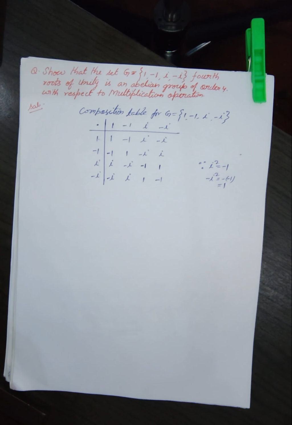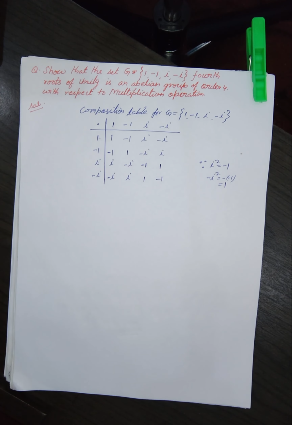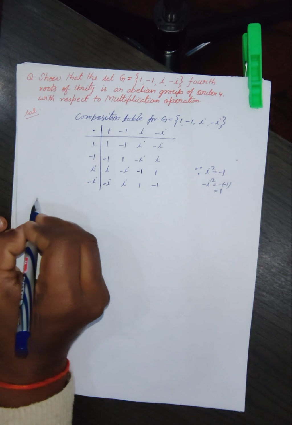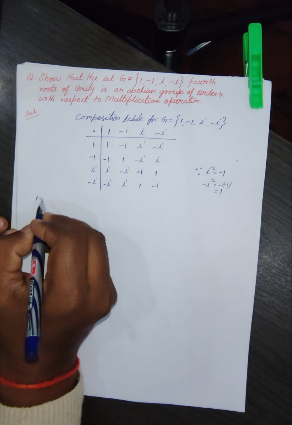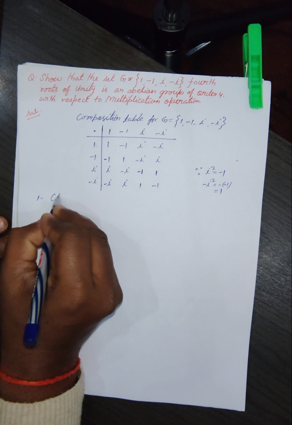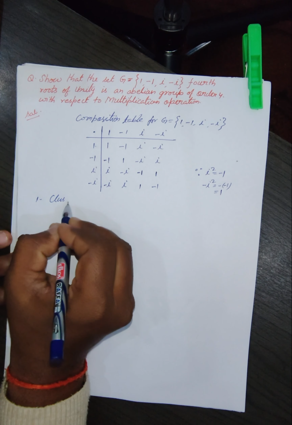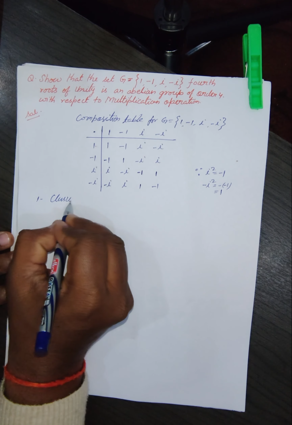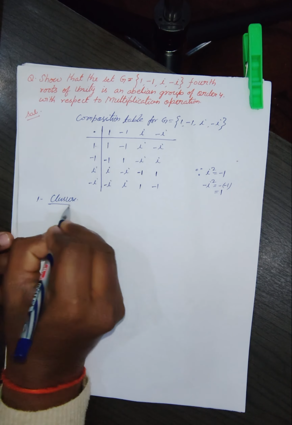Now, examine all the conditions for a group to be an abelian group. First is the closure property, or we can say closure law.